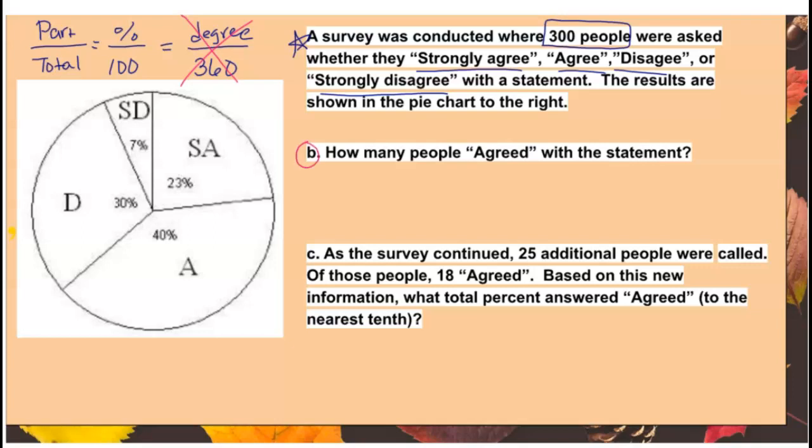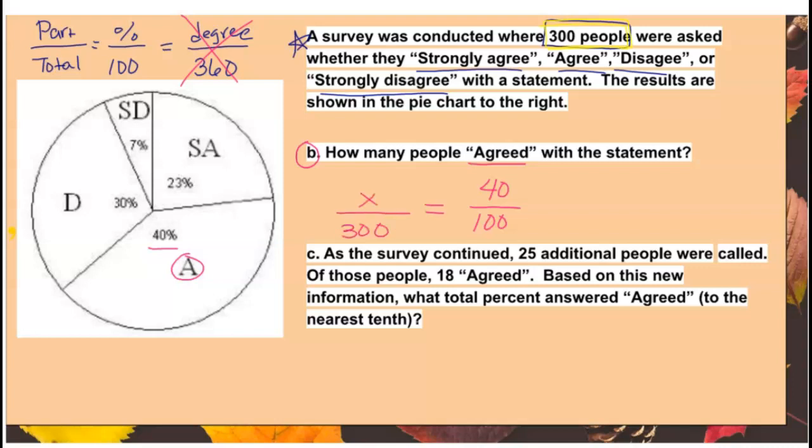For letter B, it says how many people agreed with the statement. So if I look at my pie chart, agreed is A, and we know that 40% of the people, so 40 out of 100, agreed with the statement. And thank goodness for this information up here. 300 people were surveyed. So that is a total, not a part.